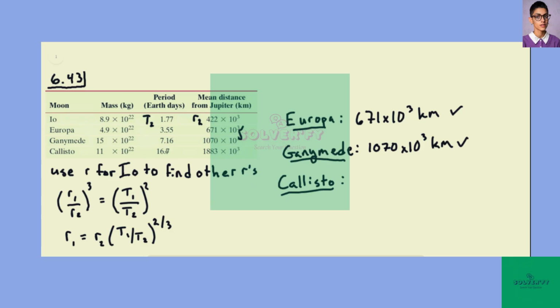So for Callisto, then, its period is 16.7 days. And so we end up with an average distance of 1,880 times 10 to the third kilometers.